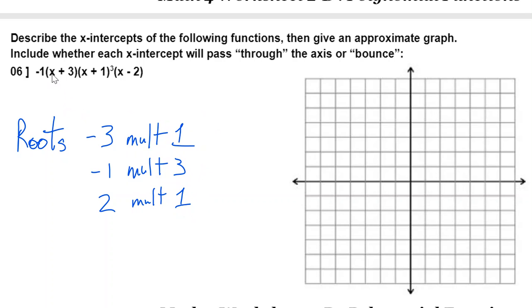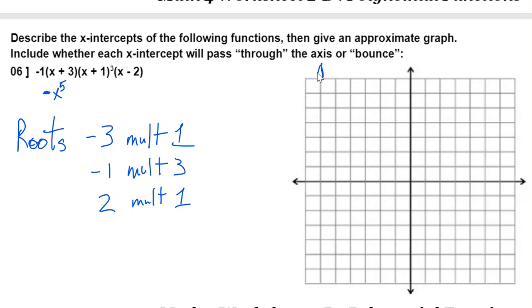And since we have an x here, and we got 3 x's there, and we got 1 here, 1 plus 3 plus 1, we're going to have x to the 5th. And that -1 makes sure that we're going to have a negative out in front. So instead of doing the usual wiggle like the x cubed curve would do, this is going to be backwards.